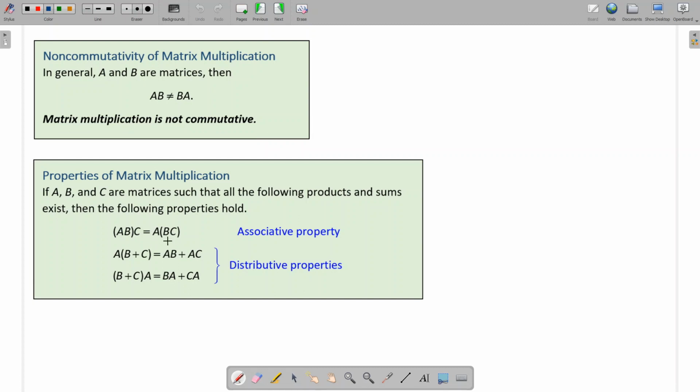So it is still associative. It is also distributive, so if you've got the sum of 2 matrices and then you're going to multiply by A, you can do the matrix multiplication on each one first, and it works in the other direction as well. So it has all the same properties with the exception that it is not commutative.